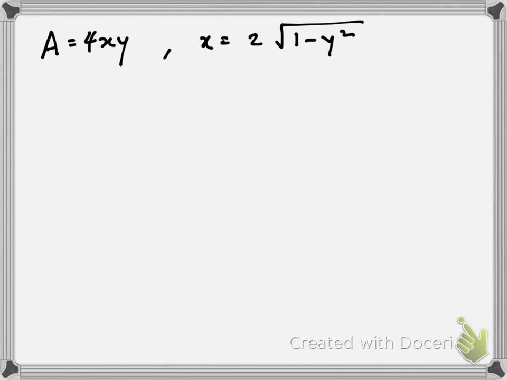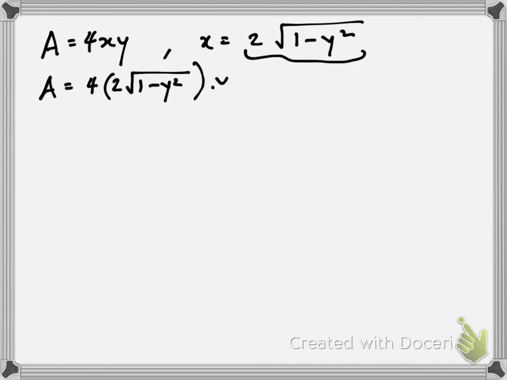So in place of x, I'm going to put all that. So I go area equals 4 times 2 square root of 1 minus y squared times y. Okay, so I can put the y in front. I end up with area equals 8y times square root of 1 minus y squared.